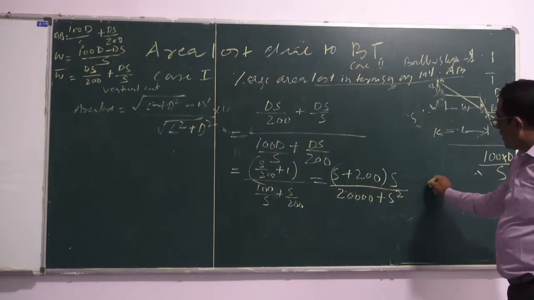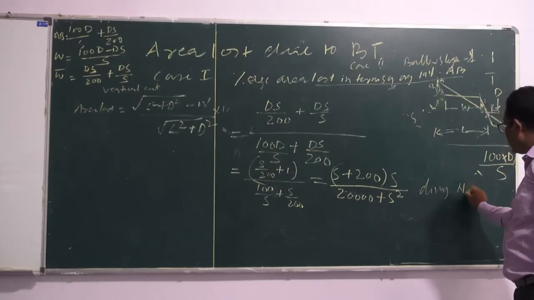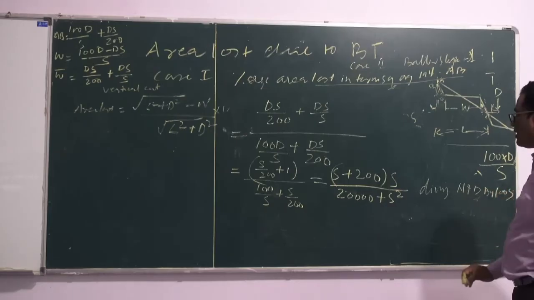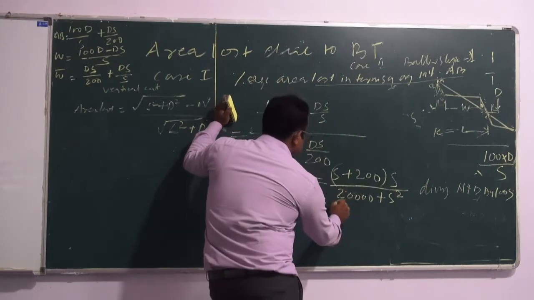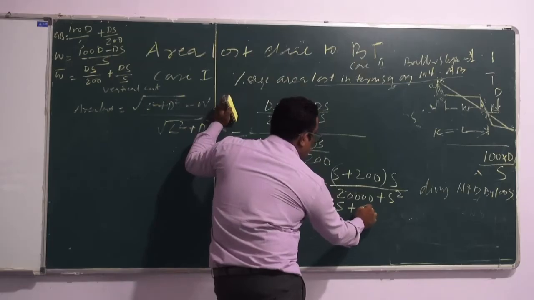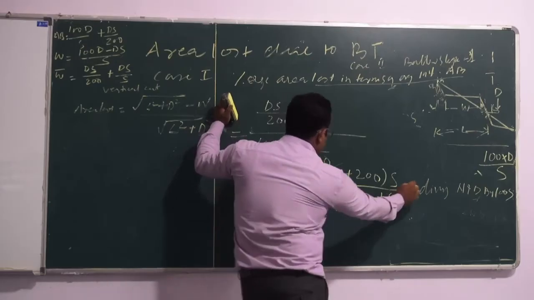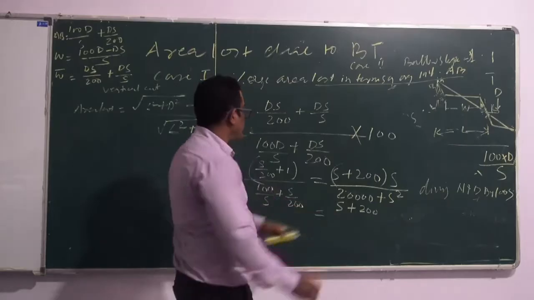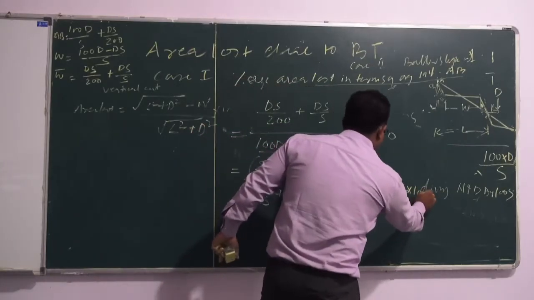Now if we divide the numerator and denominator by 100s, it will give S plus... Of course this is into 100, because we are expressing it in terms of a percentage.